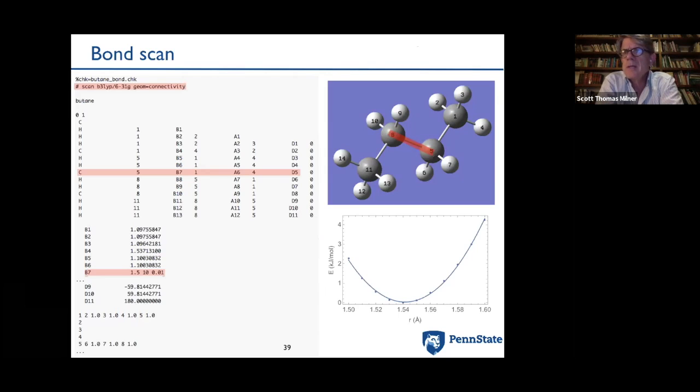So what you might like to do is to calculate the energy of that molecule as a function of that bond length, varying it a little bit around its minimum. That's what the graph at the lower right-hand side has done, using, as I said, the quantum chemistry package Gaussian to do it. And the text over on the left is the input file that was used to do this.